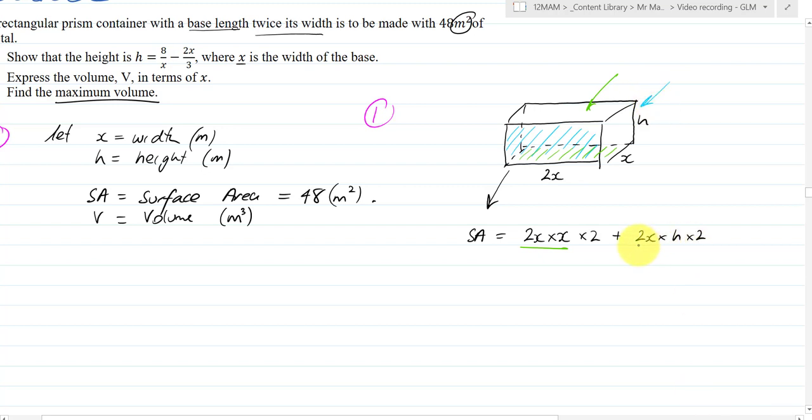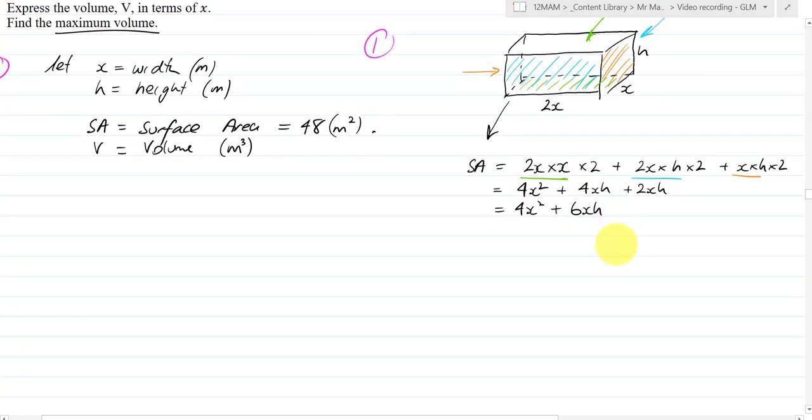So there's two of them, and then plus x times h times 2, and this is because this side here is x times h, but we have another side here, so we get x times h times 2. And if I simplify this, I get 4x squared plus 4xh plus 2xh, which is 4x squared plus 6xh.